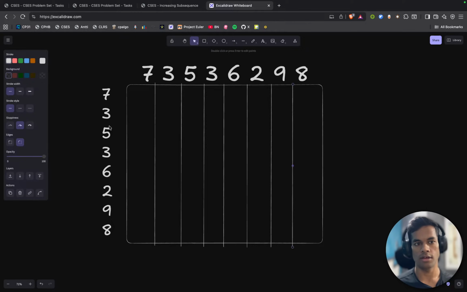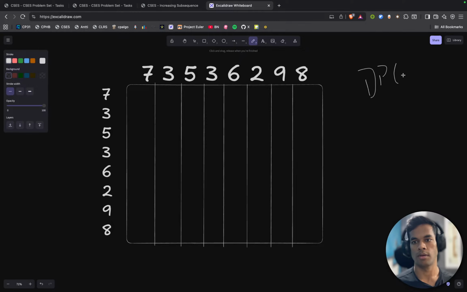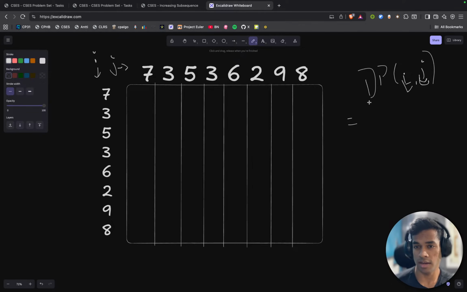And we are saying that dp[i][j], where i is this row and j is this, dp[i][j] will say what the answer would be if I pair up this ith number with this jth number, where the jth number is the last number and the ith number is the number before it.